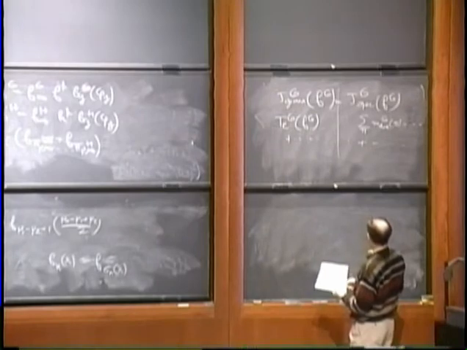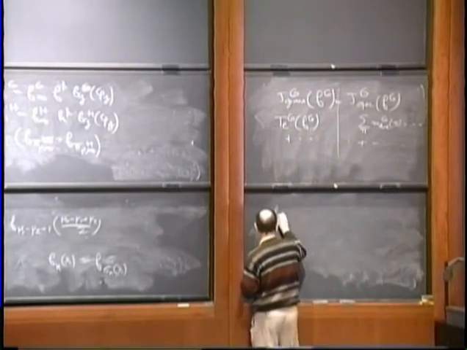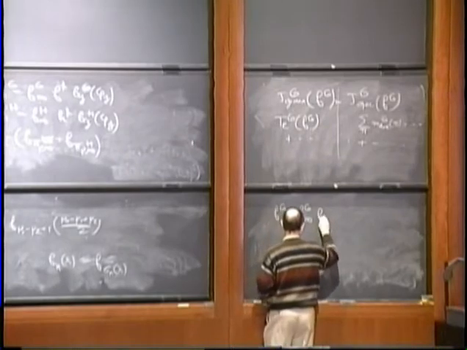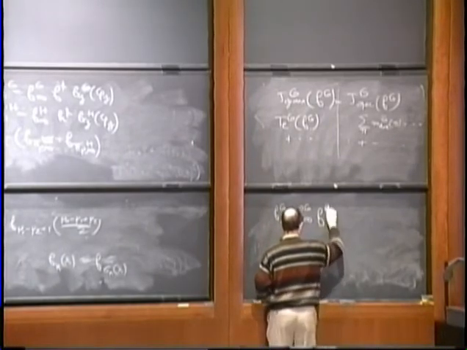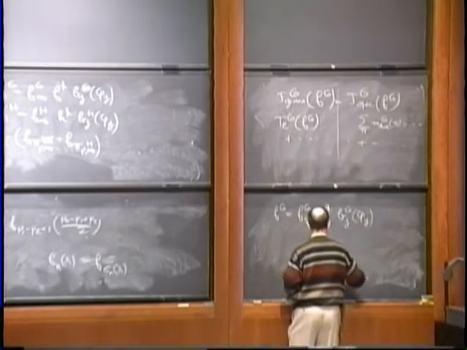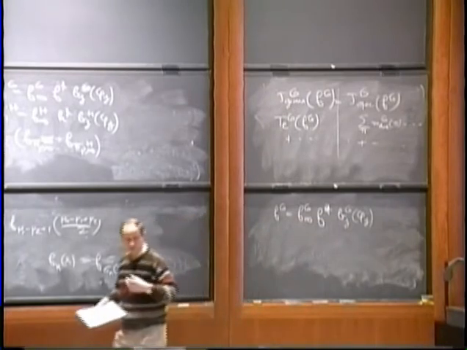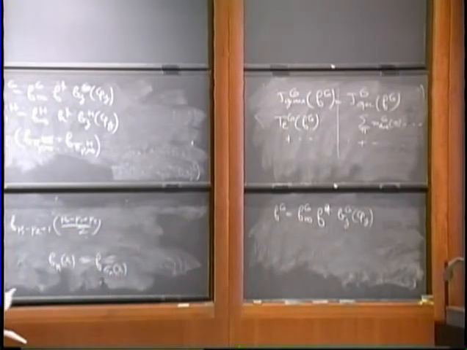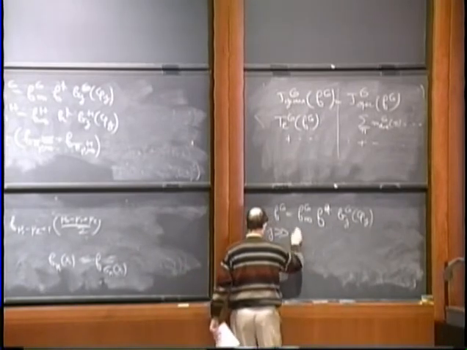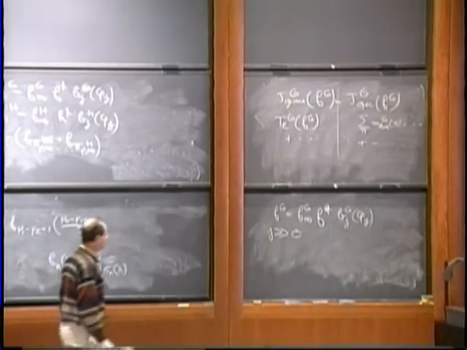So you have your function, times some base change, which depends on the integer j. So first of all, you are clearly allowed to take j large enough. But that's not enough.